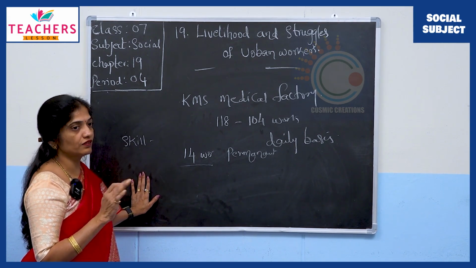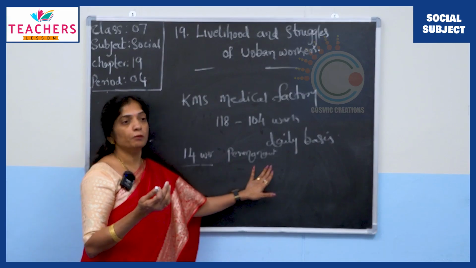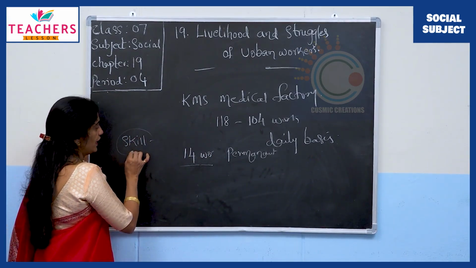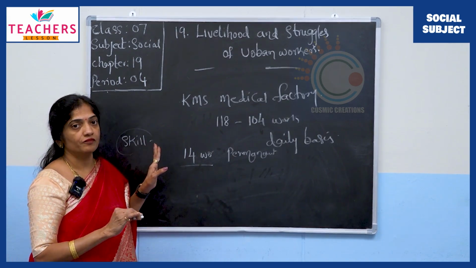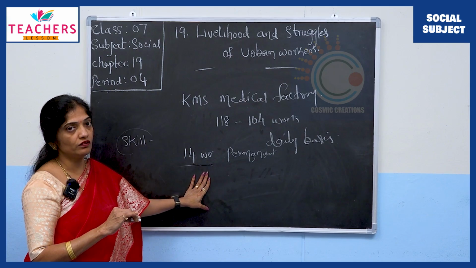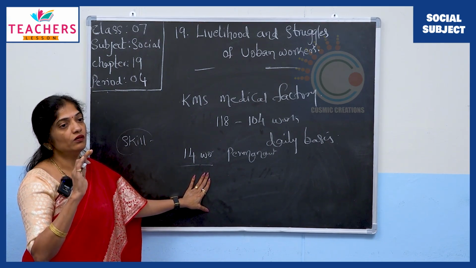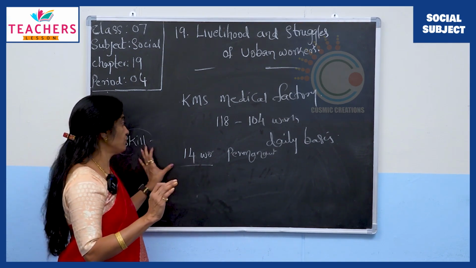So skills means nothing but talent. These 14 workers are permanent workers, and they are very skilled labor, and the service of mixing the medicine powder in a proper manner is taken only from these 14, because they are very skilled.